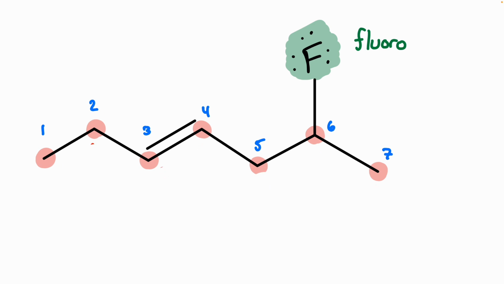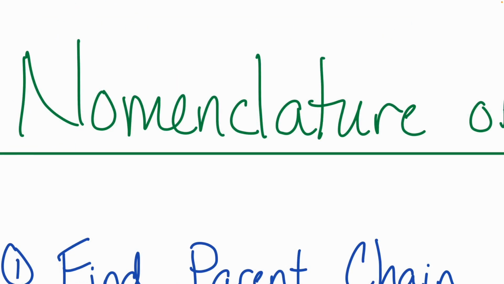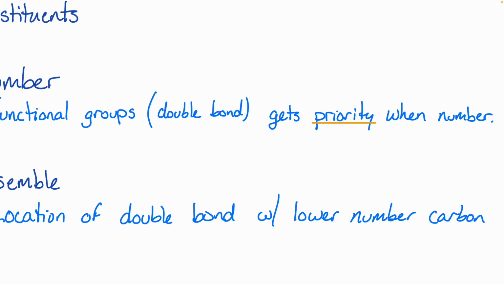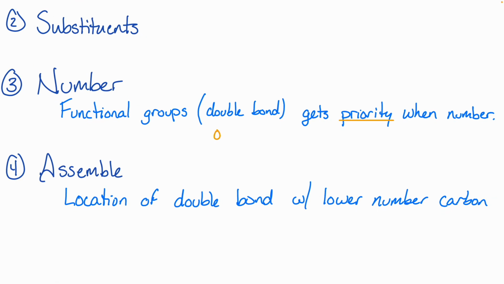Okay, so then you can take a second and finish naming this off. But again, by priority, when numbering, we mean we only pay attention to that functional group.